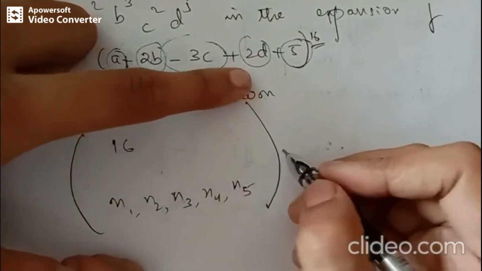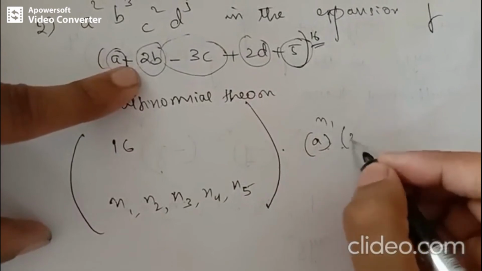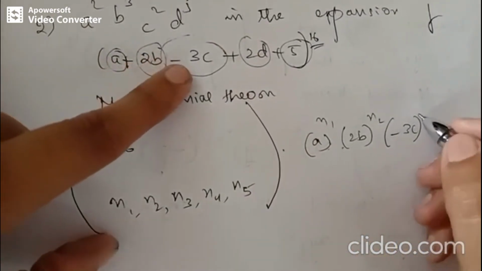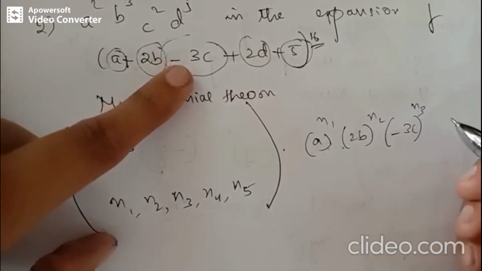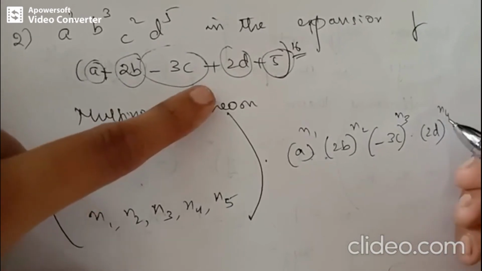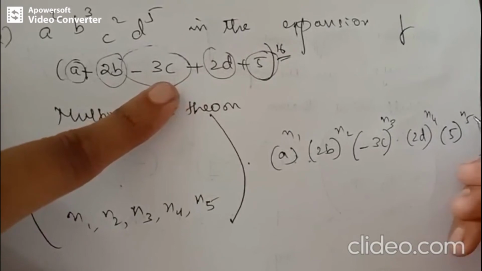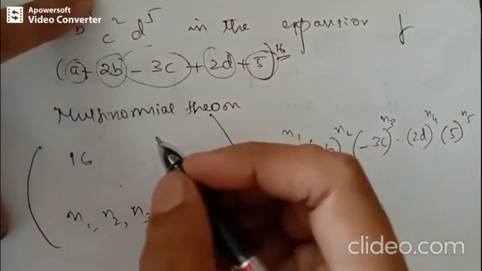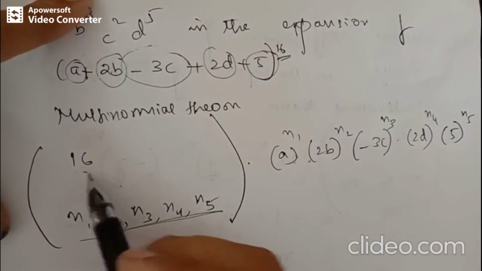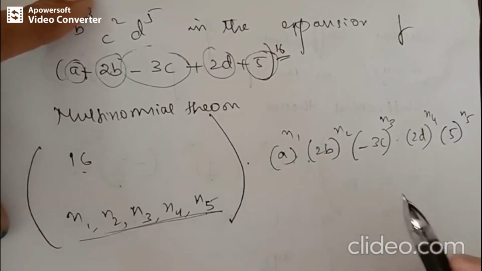So I'll be writing like this: into x1, that is a raised to n1, into x2, that is 2b raised to n2, into minus 3c whole raised to n3, into 2d whole raised to n4, and the last term is 5 whole raised to n5. As we know, the sum of all these exponents is nothing but the value of n, which is 16. So if we do not know one term, we can derive it from the other values.